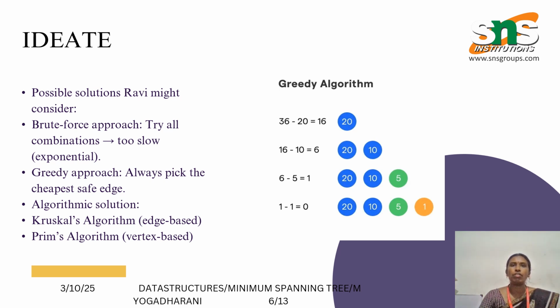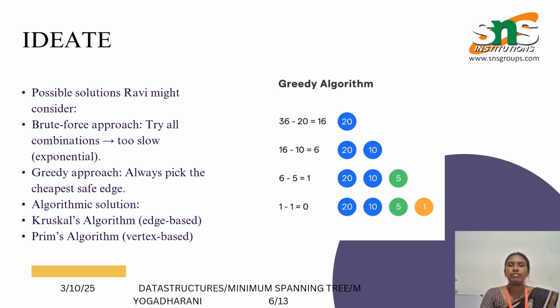So this leads to our two famous algorithms, Kruskal's and Prim's. Kruskal's algorithm builds the tree from the edge level, and Prim's builds from a vertex.